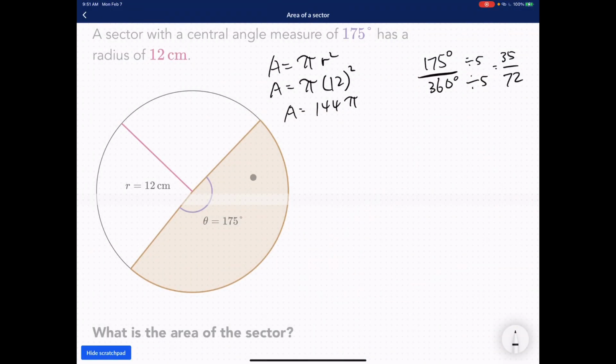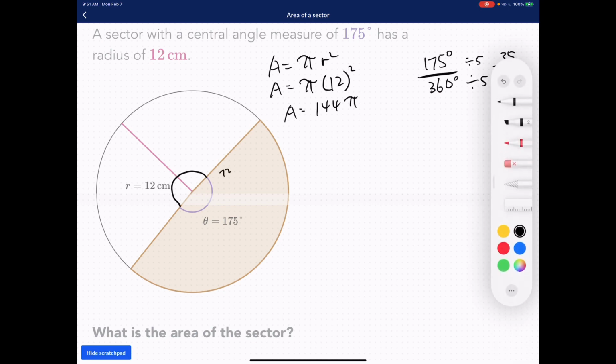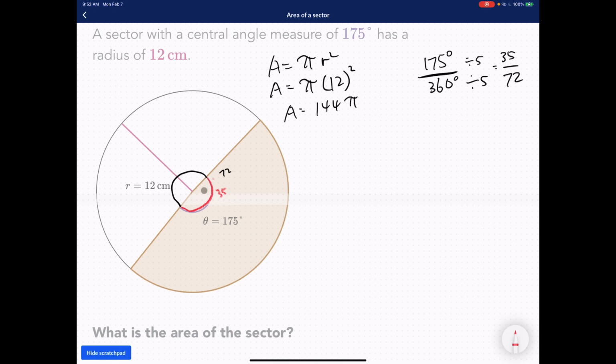So what it's saying is that this angle is 35 over 72, and this entire circle represents 72. So if this entire central angle was 72, then just this purple part would be 35. That's what that's saying, right?